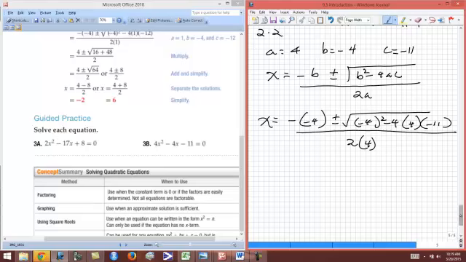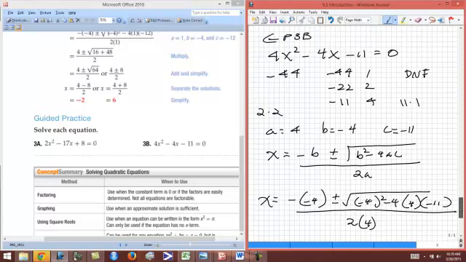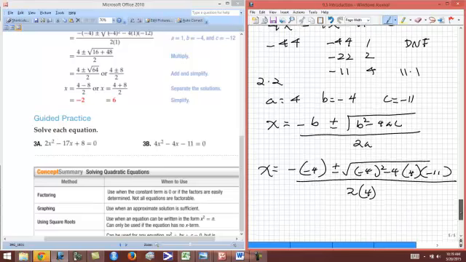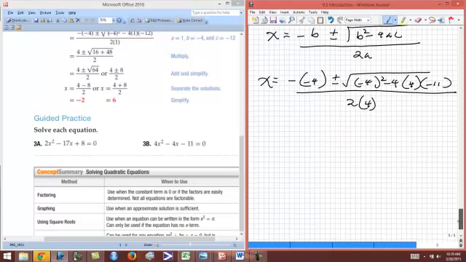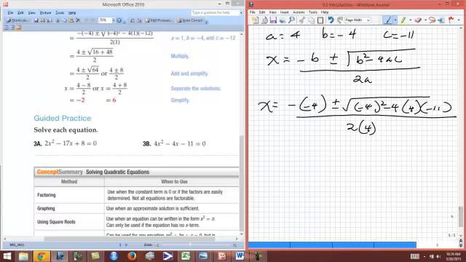Let's check our coefficients again: 4, negative 11, a, b, and c. And now let's see if we put them in right. Minus negative 4 plus or minus the square root of negative 4 squared minus 4 times a times c, minus 4 times 4 times negative 11. Okay. So far, so good.